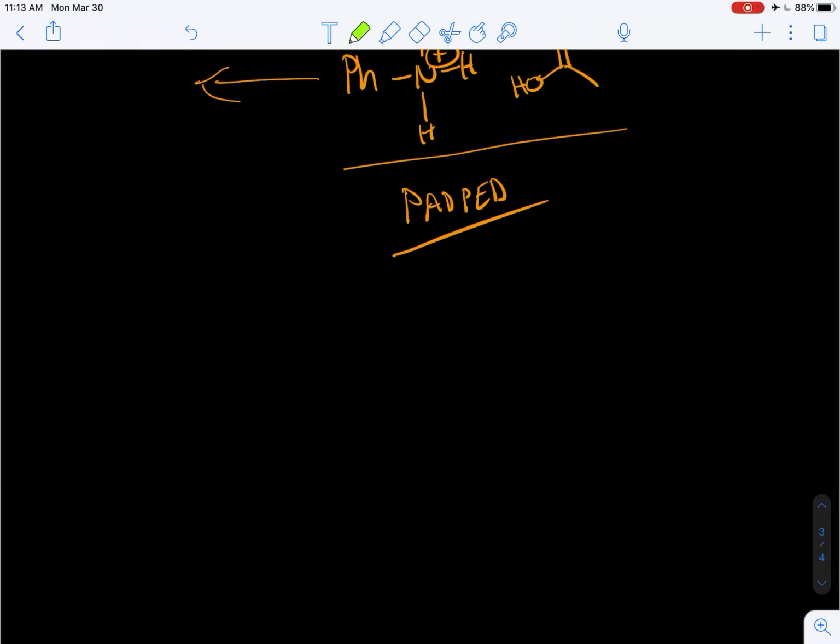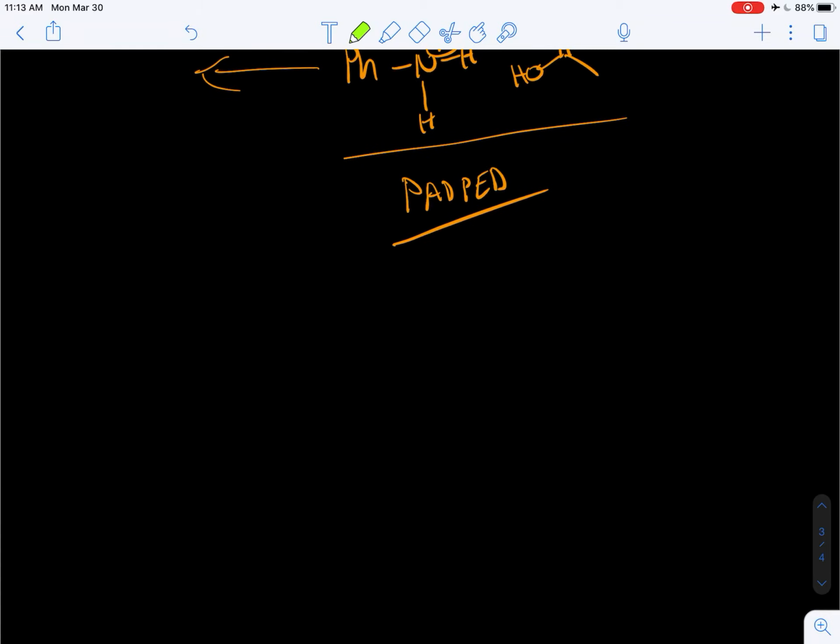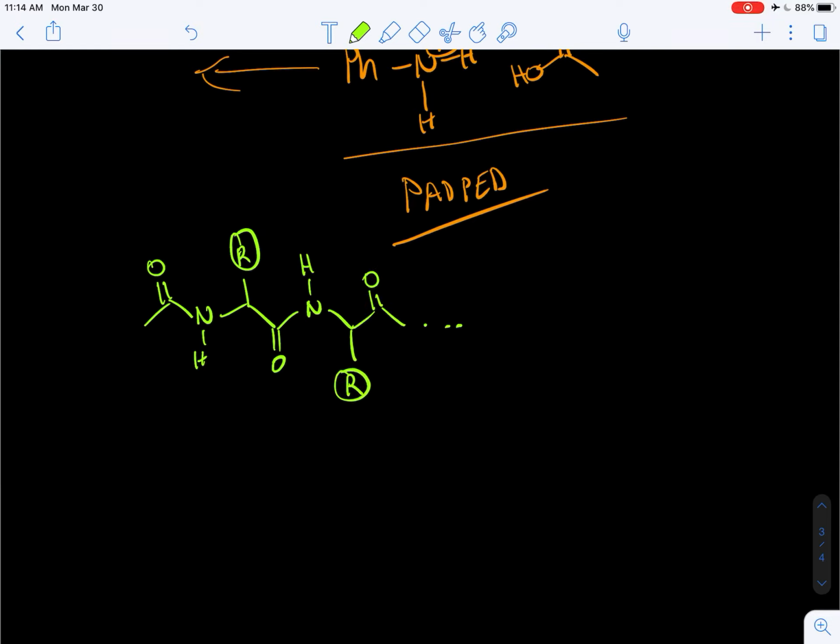Proteins, for example, from beans or meat, from our diet, contain polymers of amino acids. And these R groups are the side chains of the different amino acids.